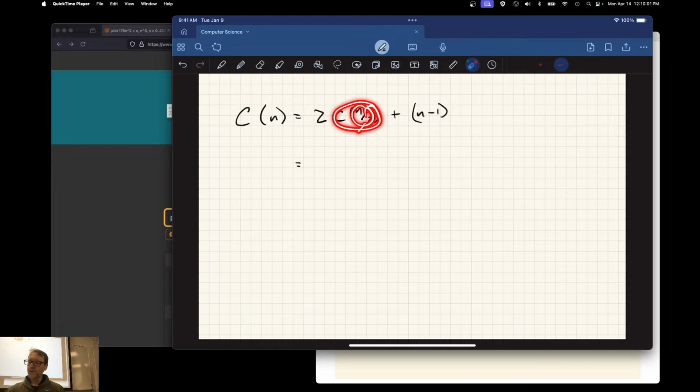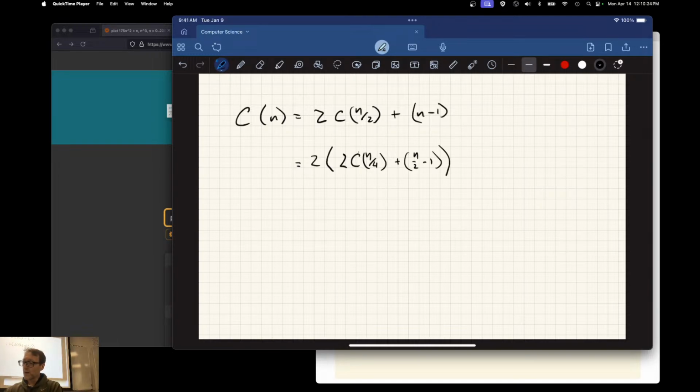If I plug n divided by 2 over here, what do I get? 2 times C sub n divided by 2 gives me 4, right? There we go. And then, careful, this is tricky, plus n divided by 2 minus 1, right?